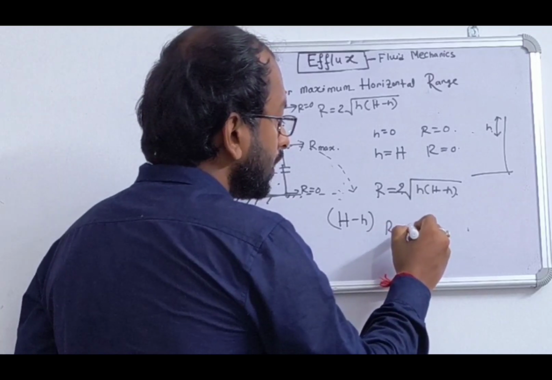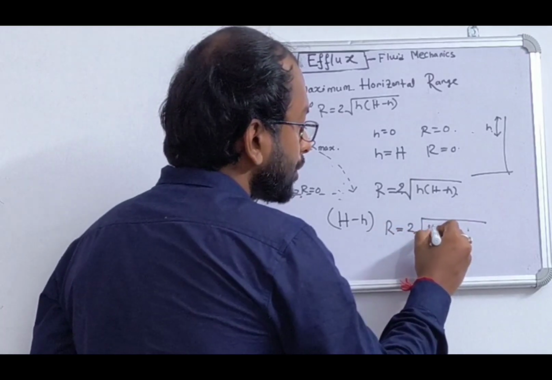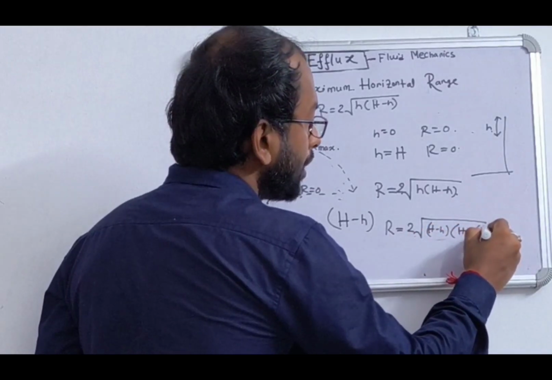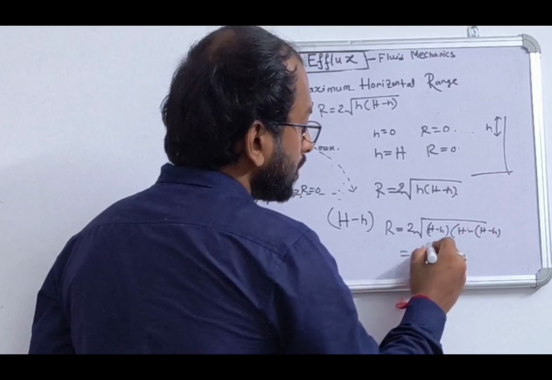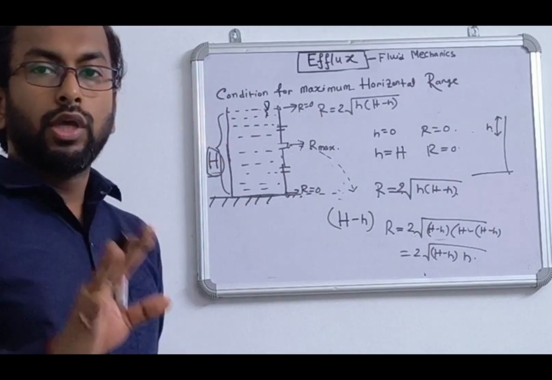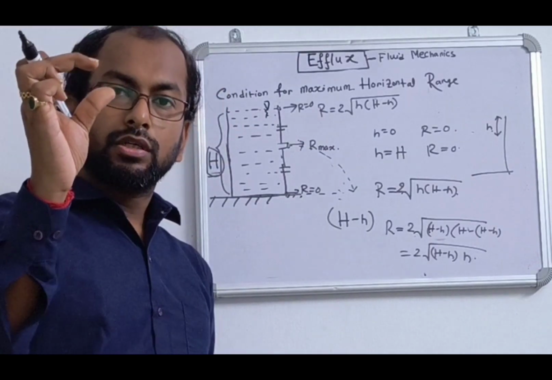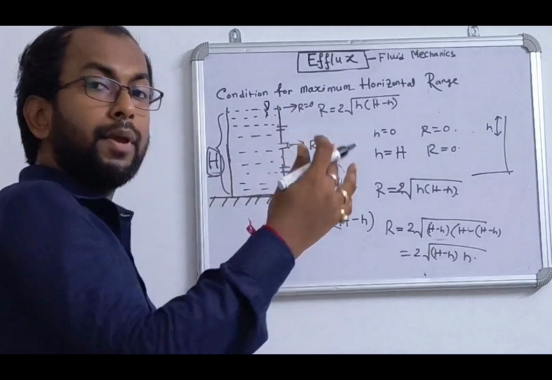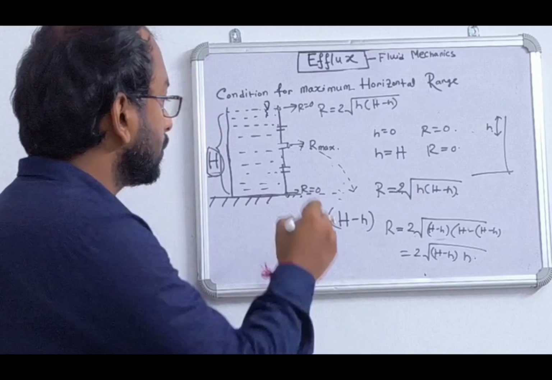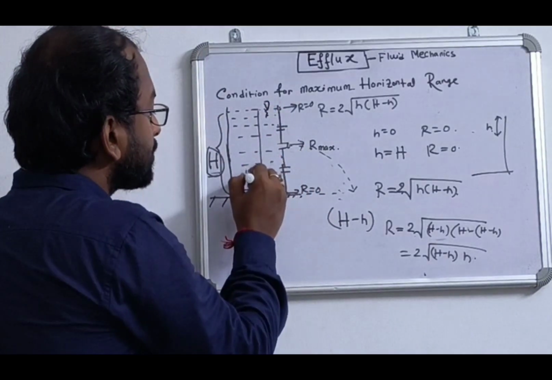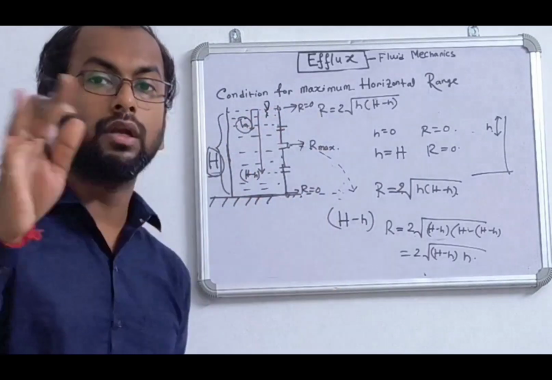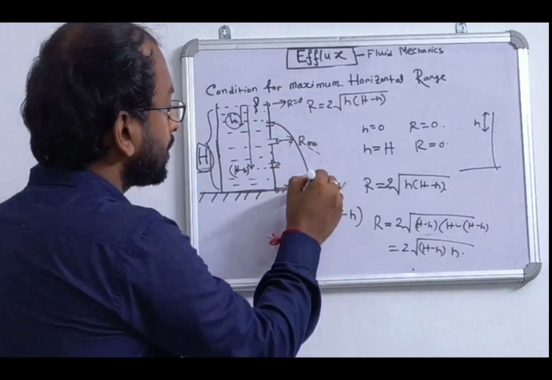The range will be 2 into root over (H minus h) into (H minus (H minus h)), that is root over (capital H minus small h) into again h. So if I make a hole at a depth of h from the top and again at a depth of H minus h, I'll get the same range. At H minus h depth also, and at h depth also, I'll get the same horizontal range.